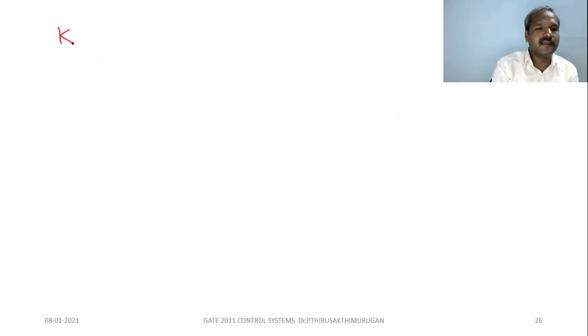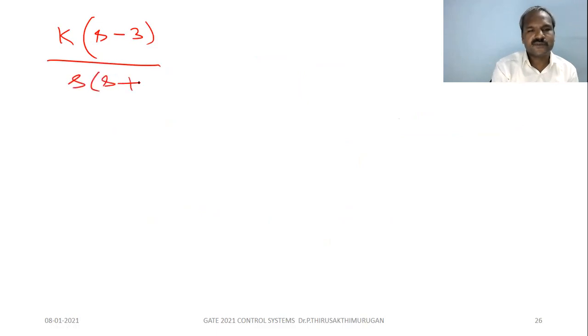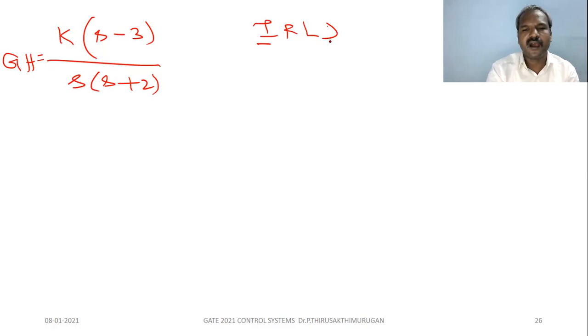So next is the next typical diagram. GH equals k into s minus 3 divided by s into s plus 2. Understand? For this GH, what is the inverse RLD? The inverse or complementary RLD is like this.